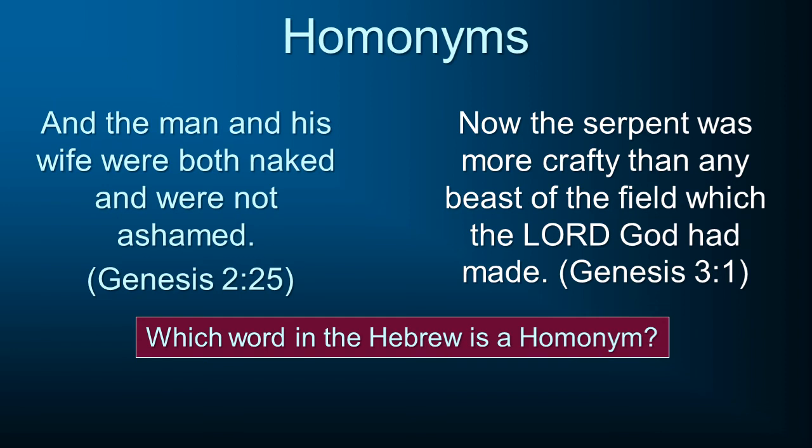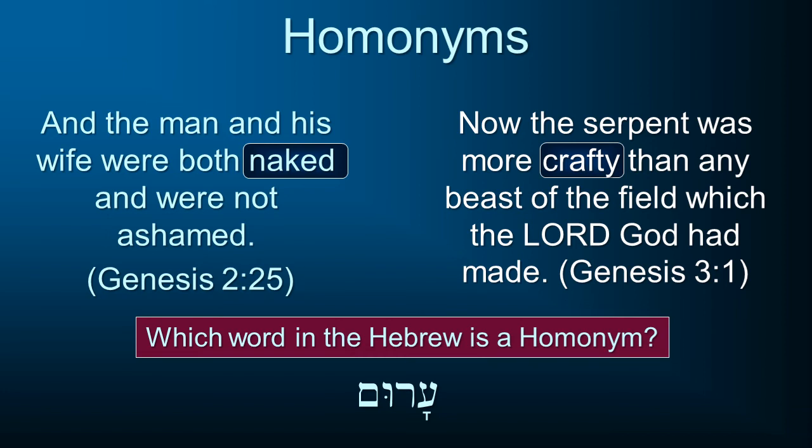And notice, I don't see a similar sounding word in English, but when I look in Hebrew, I see that arom is the word for naked. They were both arom, they were both naked. But also, I turn to the next verse. Now, the serpent was more arom, he was more crafty than any beast of the field which the Lord God had made.